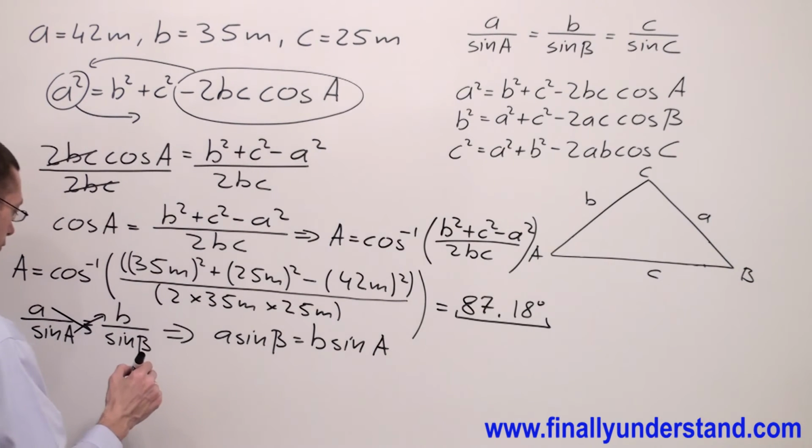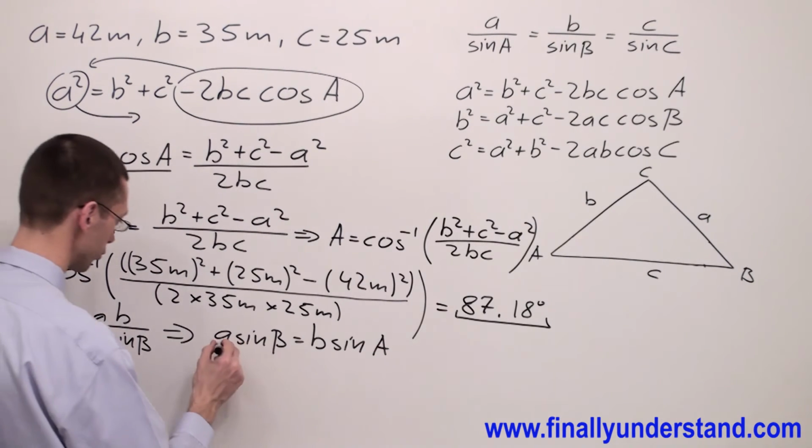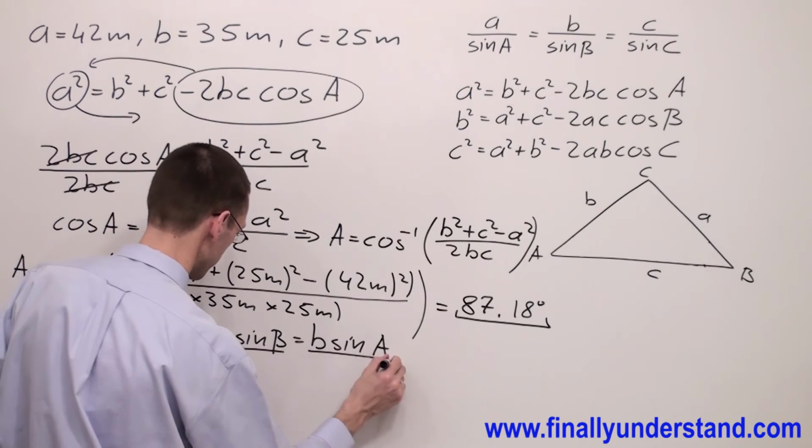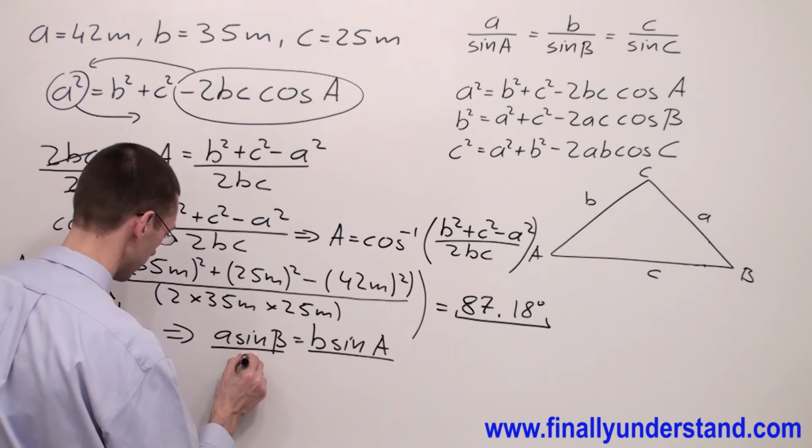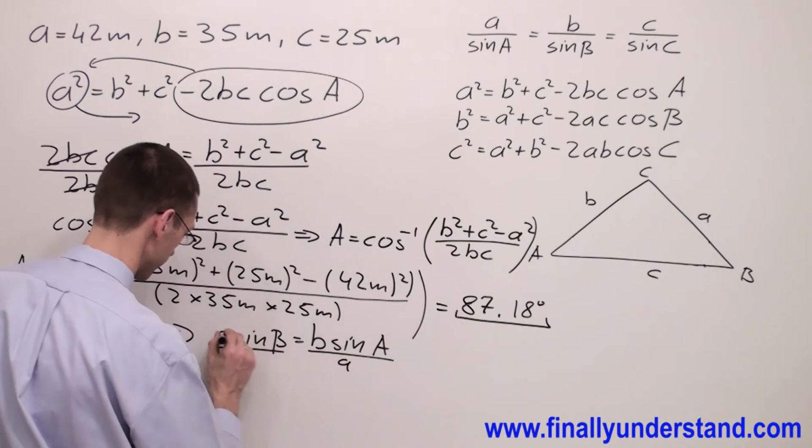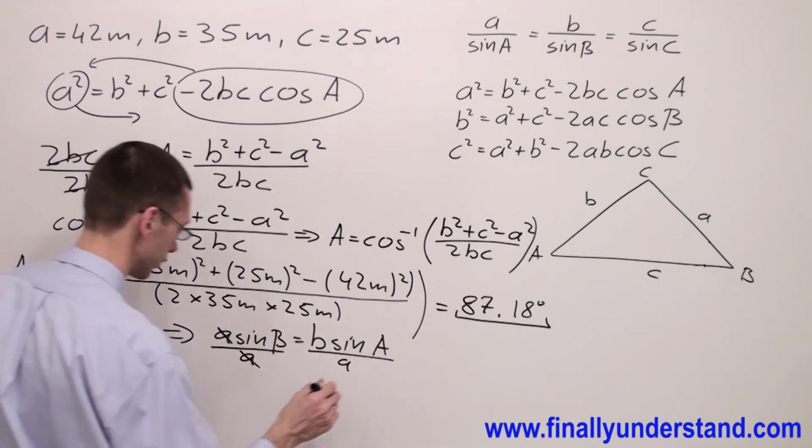In order to find angle B, I'm supposed to divide both sides of my formula by A. A and A will cancel out.